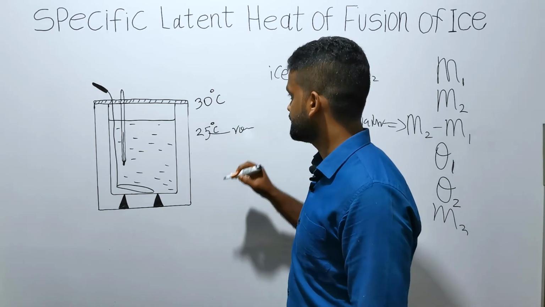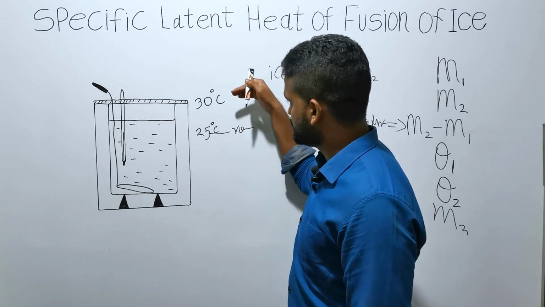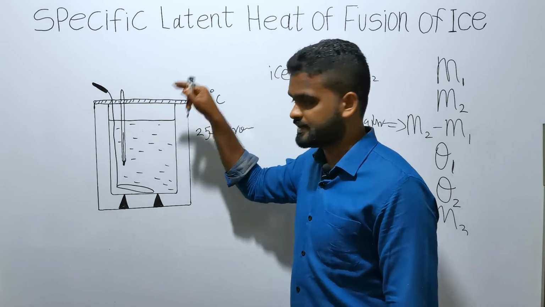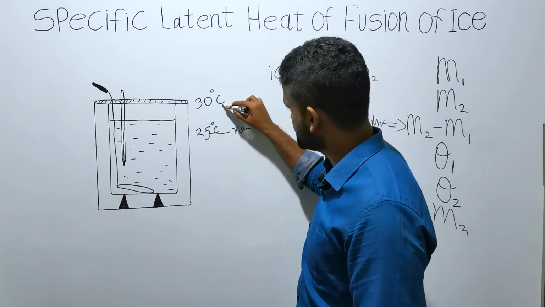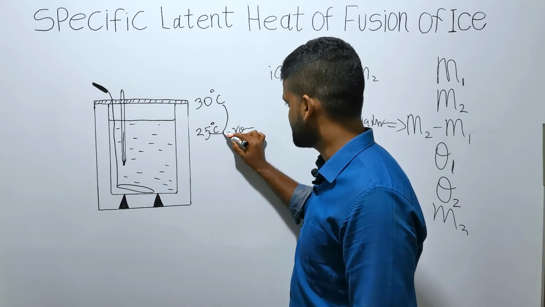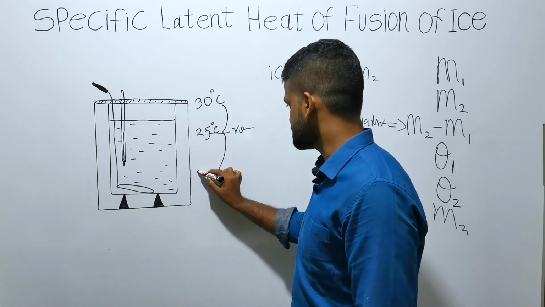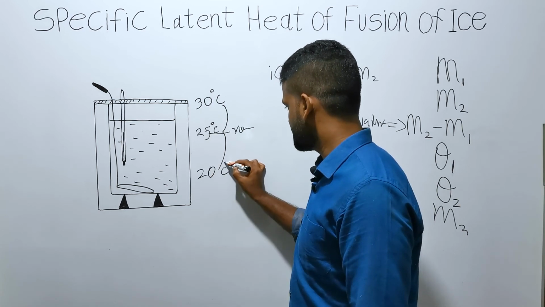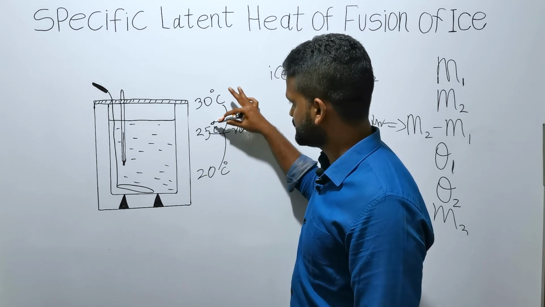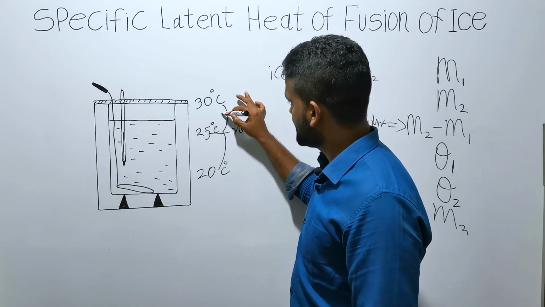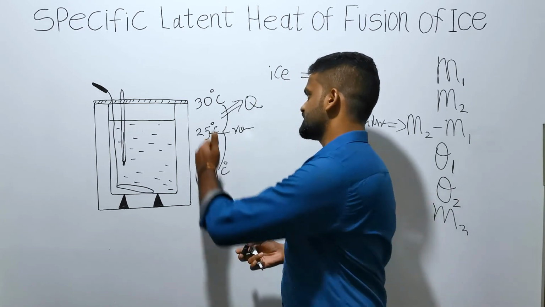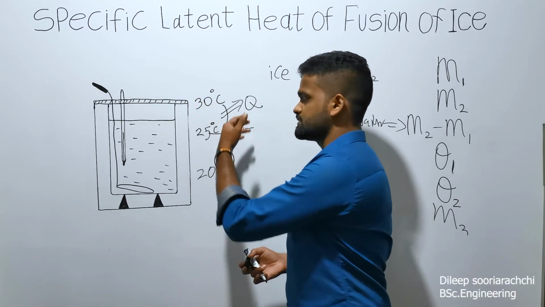Then you start adding ice, so the temperature drops, first from 30 centigrades to 25 centigrades, then from 25 to 20 centigrades. Within the range from 25 to 30 centigrades, heat goes out of the system, since these temperatures are higher than the surrounding temperature.